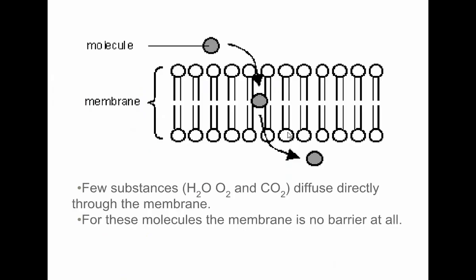You don't have this slide, but water is a very small molecule. Oxygen, carbon dioxide, those small molecules just slide right through the cell membrane like it's not even there. The cell membrane is permeable to oxygen and carbon dioxide and water. Larger molecules have a more difficult time.